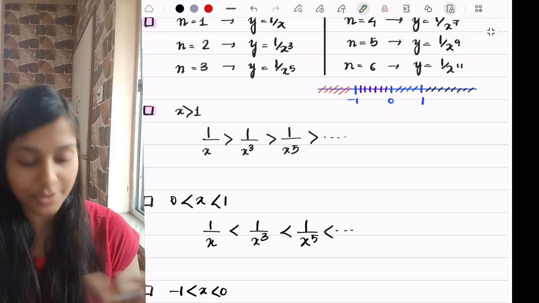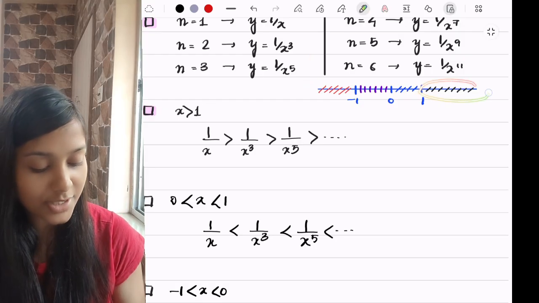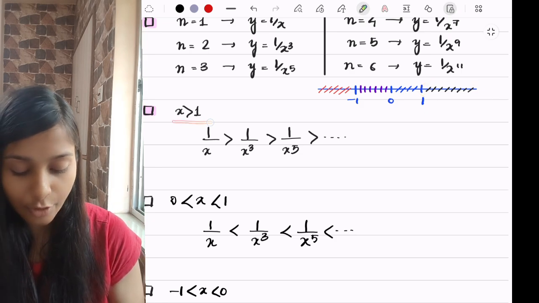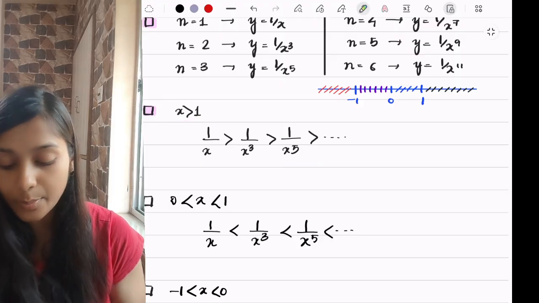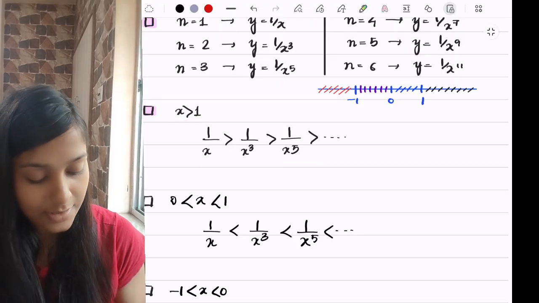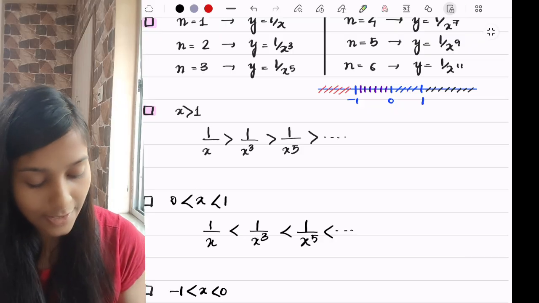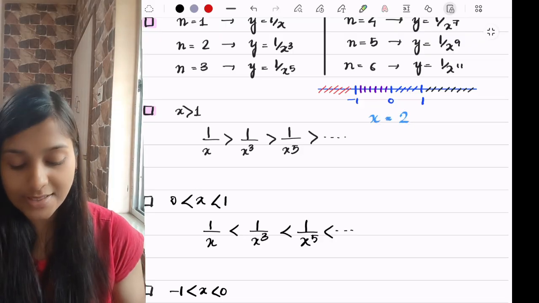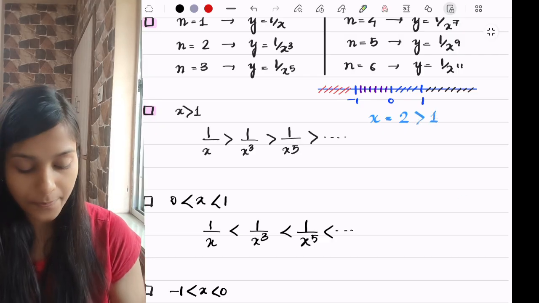behave in different regions. Let me start with this region, which is 1 to infinity. Here we can see that for x greater than 1, this inequality holds. Let me show you with an example. Suppose we take x equals 2. Obviously this satisfies the condition greater than 1.